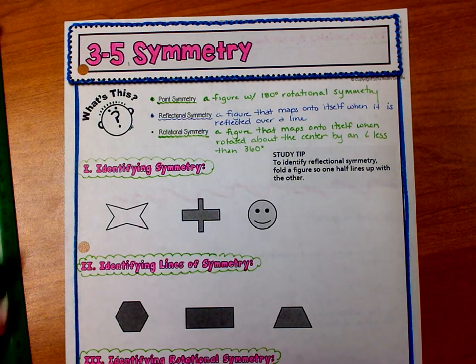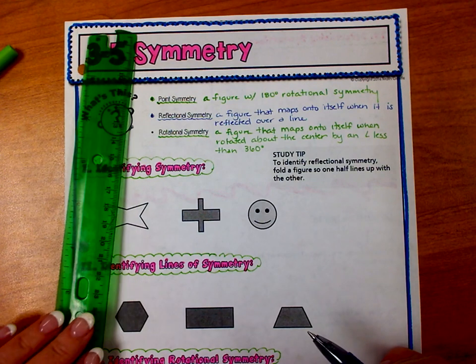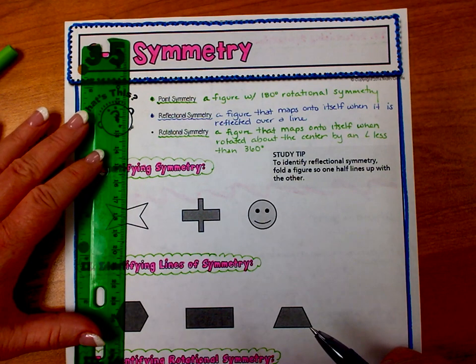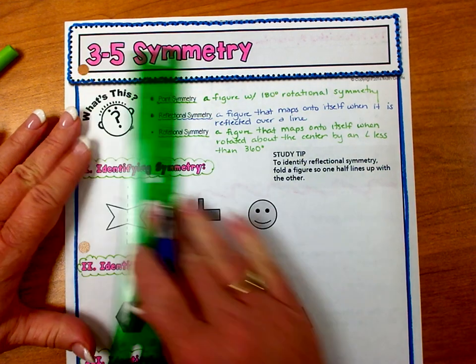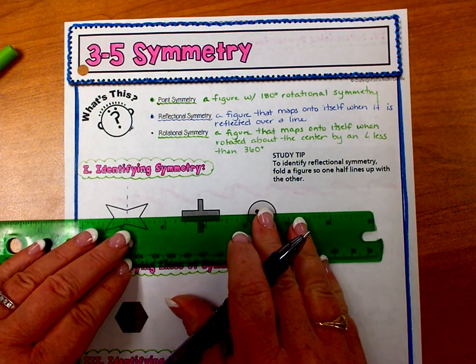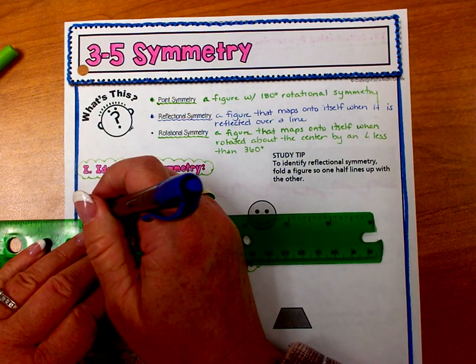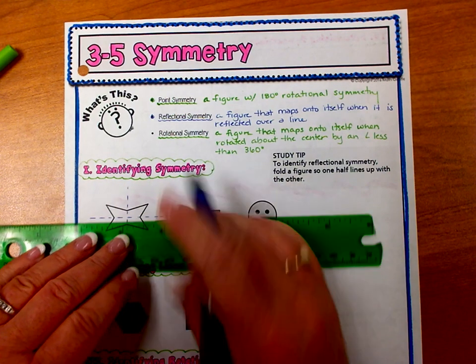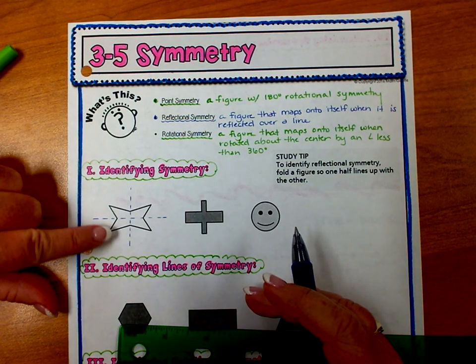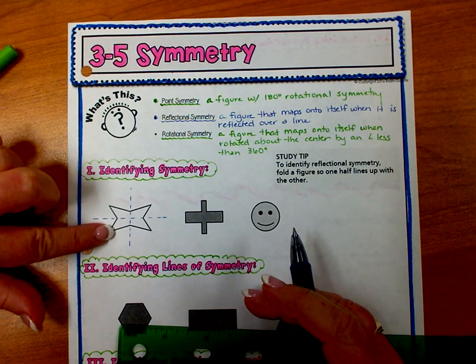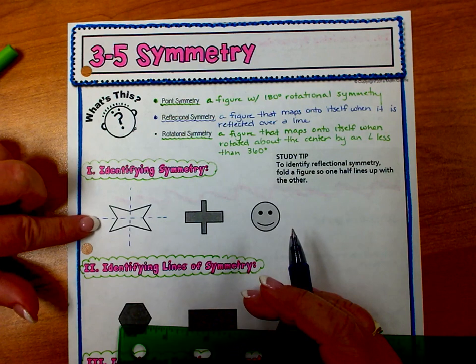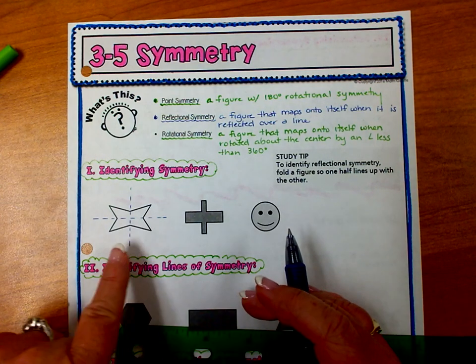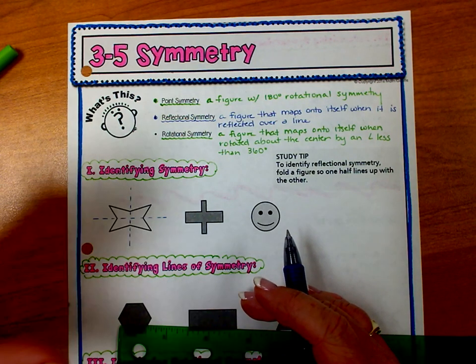If we look at this first one, we have two lines of symmetry, one that goes through here and one that goes through here. This one has reflectional symmetry because it maps onto itself over the horizontal line of symmetry and also over the vertical line of symmetry.